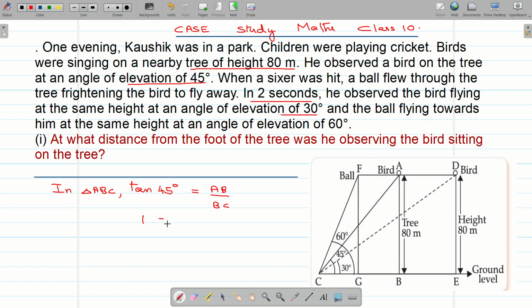Tan 45's value is 1. So 1 equals 80 upon BC.